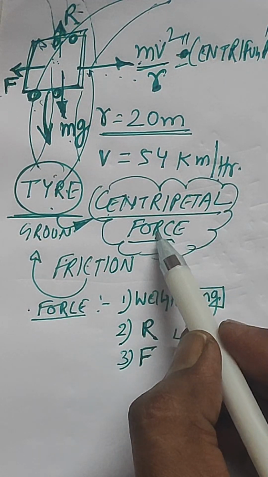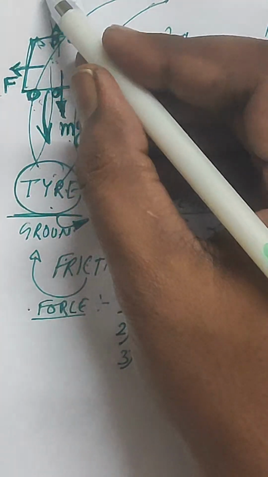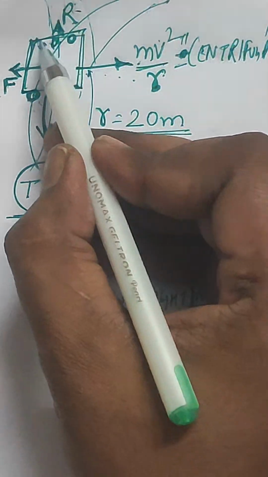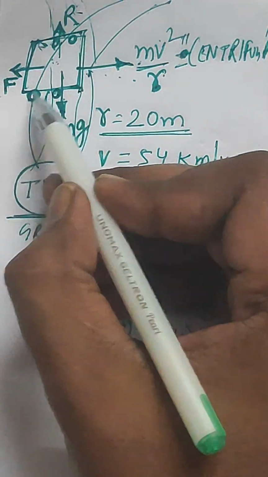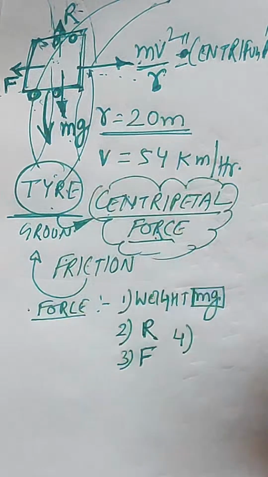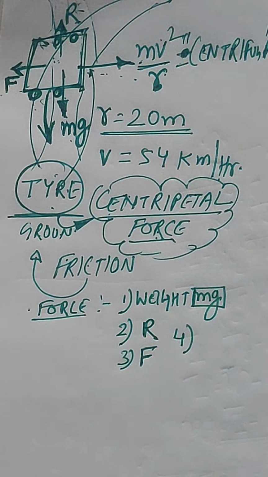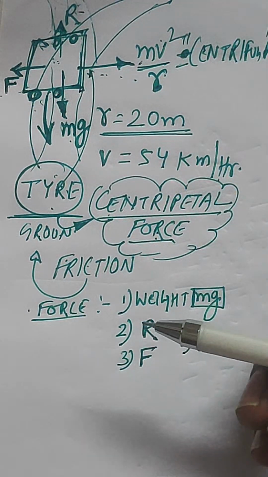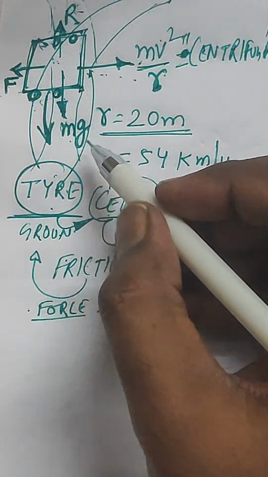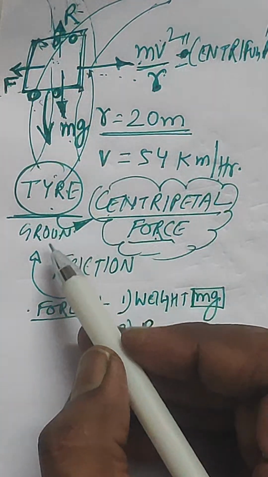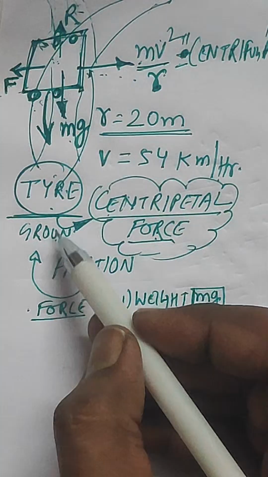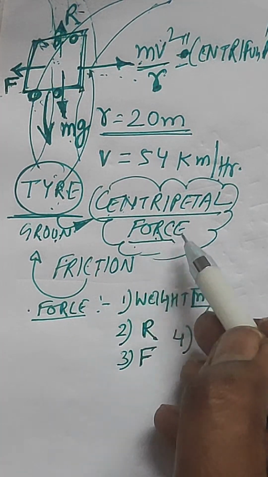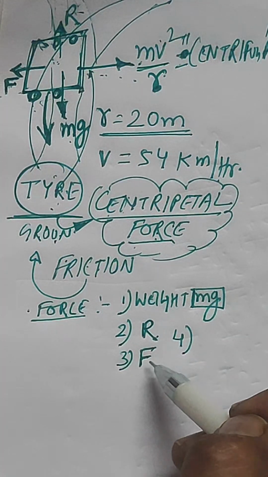So regardless of the movement, just understand the position of the car and what forces are acting on it. The forces acting on the car are mv square by r, the centrifugal one, and then F, the frictional force due to the friction between the tire and ground, this is the centripetal force, right? And then the normal reaction.